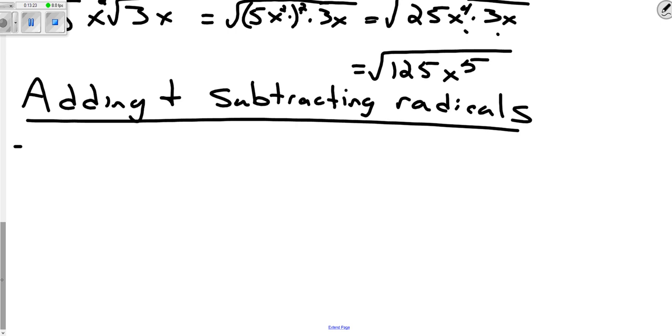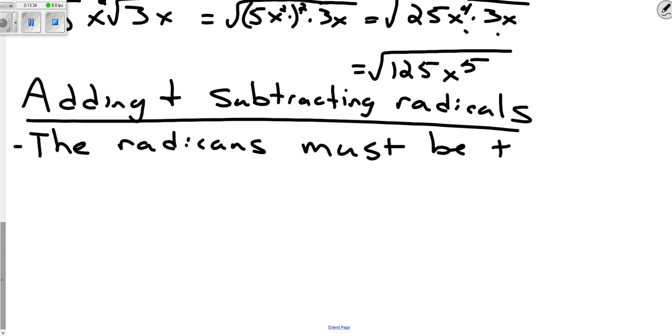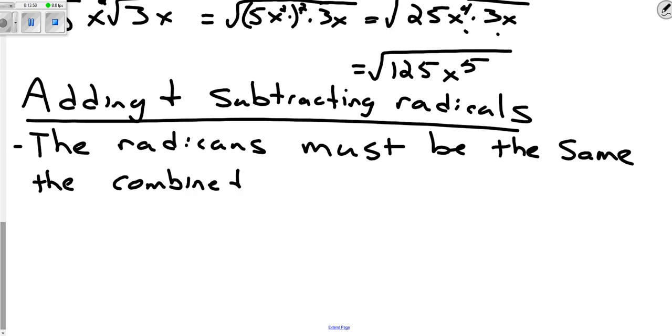So in order for this to happen, the radicands must be the same. That's like your common denominator. And if they're the same, then combine the coefficients or numbers out front.